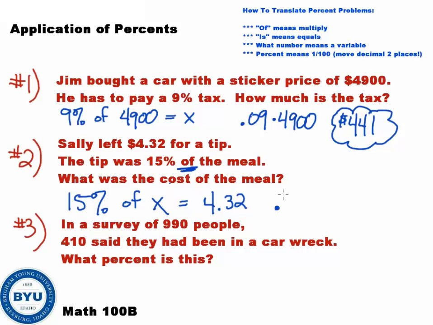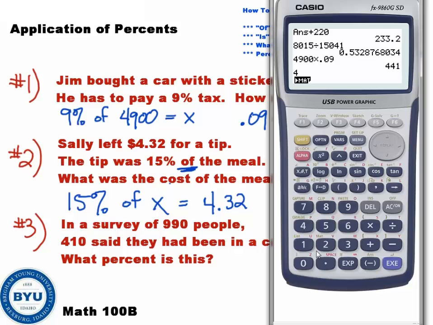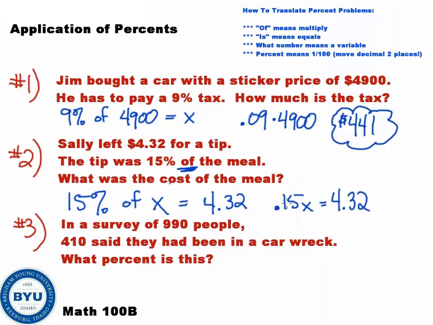As we write this to an equation, it would be 0.15x equals 4.32. To solve this, we are going to take 4.32 and divide it by 0.15 to get $28.80.